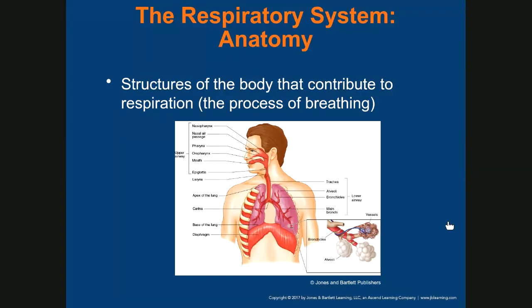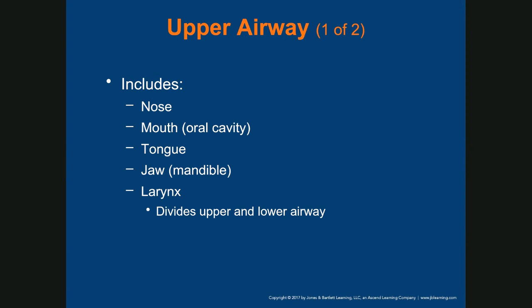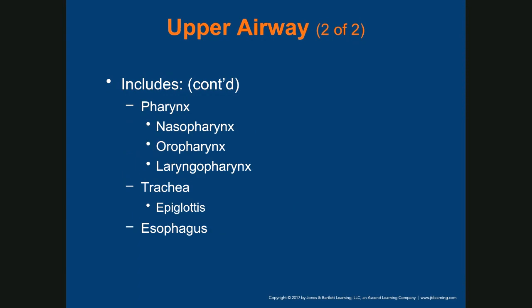All right, so upper airway, and I'm just reviewing now, includes the nose, mouth, oral cavity, tongue, jaw, mandible. Larynx divides the upper and lower airway. You have the pharynx, which consists of the nasopharynx, oropharynx, and laryngopharynx, right?